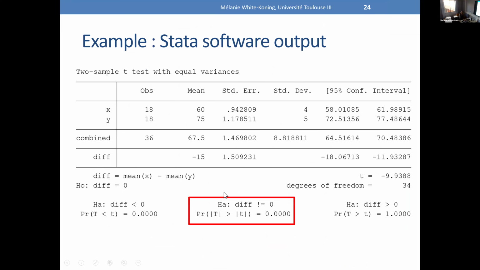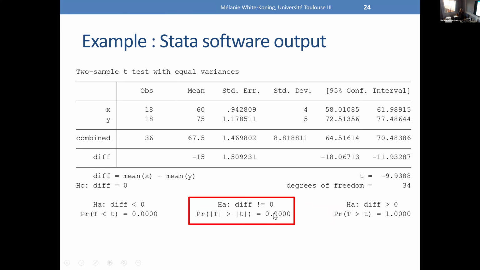And if we look at the output of the software, here it's the exact same data as the exercise. You see mean 60 and 75 with 18 observations in each group. And it gives you T equal 9.94. And here for the alternative hypothesis, with the difference in mean different from 0, that's the same as saying mean 1 different from mean 2, or mean 1 minus mean 2 different from 0.